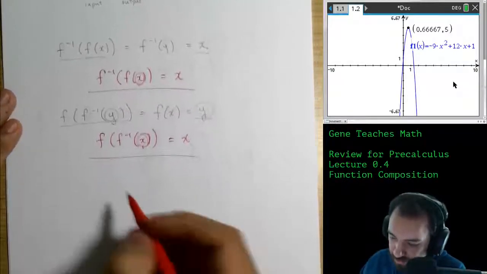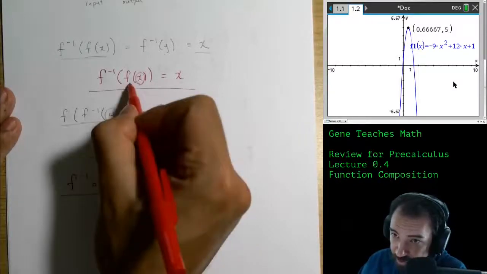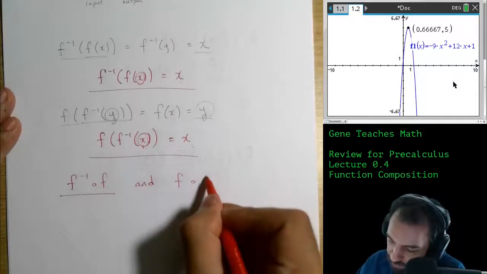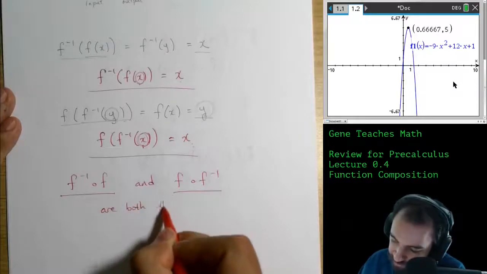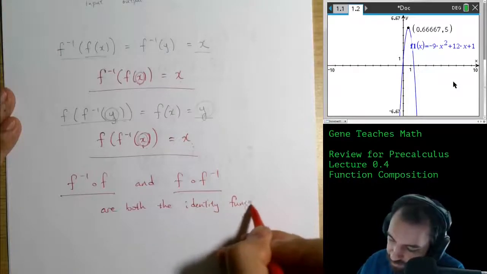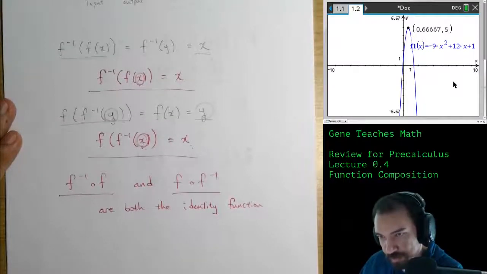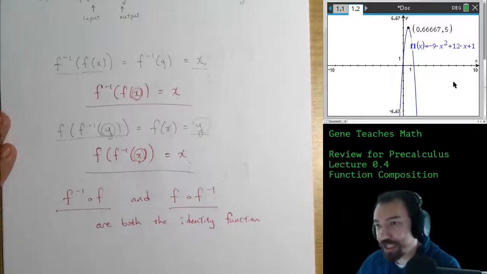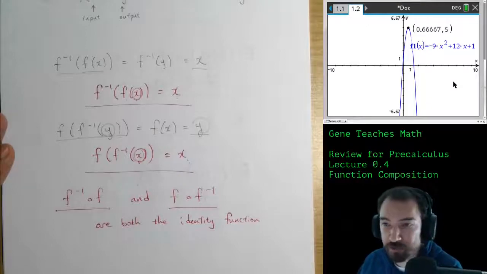So this means that the function f inverse of f, which is that up here, and the function f of f inverse in that order are both the identity function, meaning whatever you start with is the same as what you end up with. And in fact, that ends up allowing us to use this result to prove that certain functions are inverses of each other.